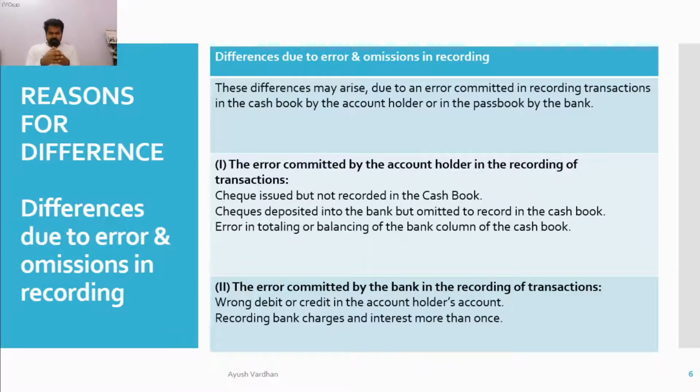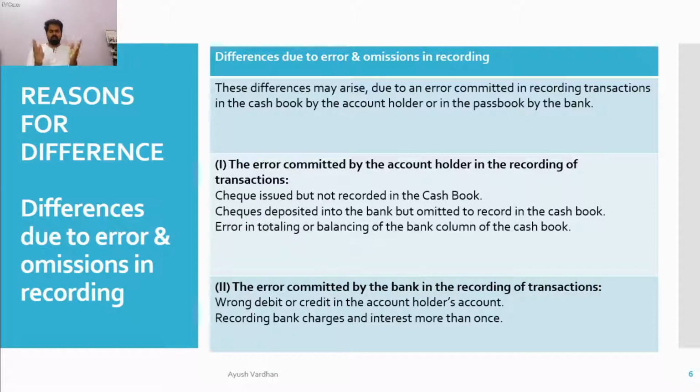So let's see these errors further. The error committed by the account holder in the recording of transactions. The very first error that could be made by the account holder is that a check has been issued or deposited into the bank but omitted to be recorded in the cash book.